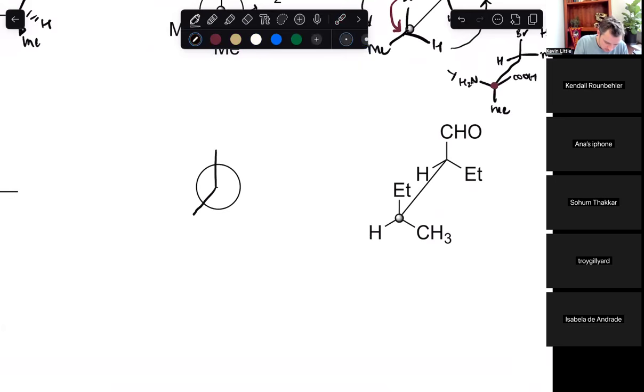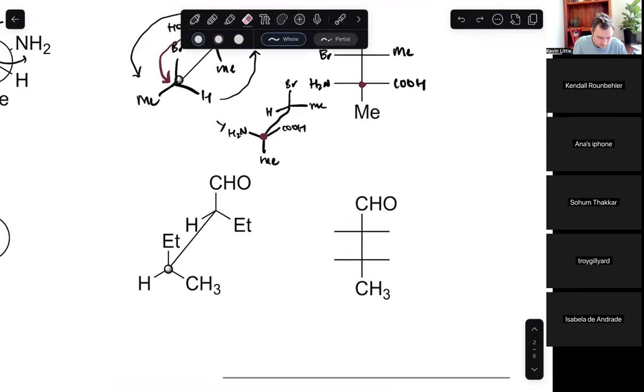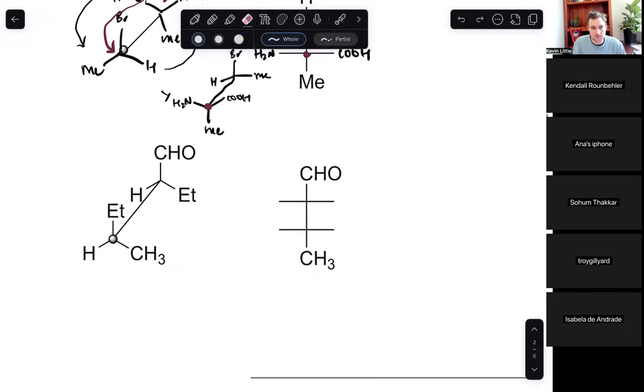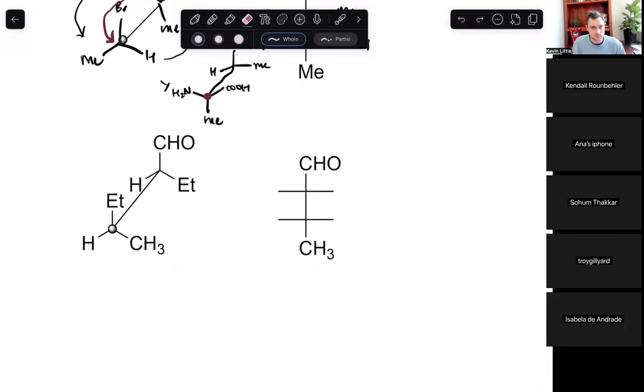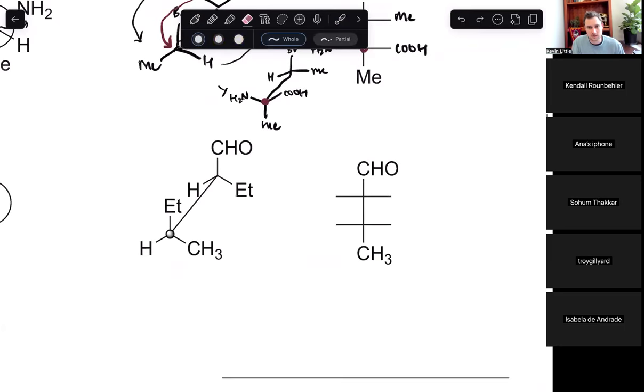All right, I'm going to draw a Newman projection. Actually, to be honest, I'll just save time. You don't need to see me draw a Newman projection. We're just going to do Fischer. Spend an extra second on Fischer. All right, so this is one where everything's in the right orientation. I need this aldehyde, which is what CHO is, to be pointing down away from me, but it's in the right orientation.